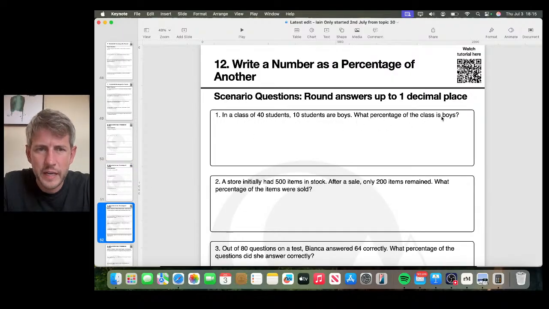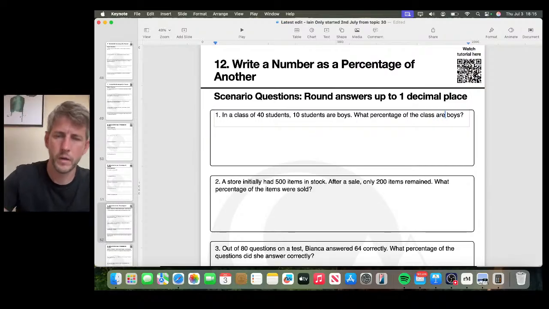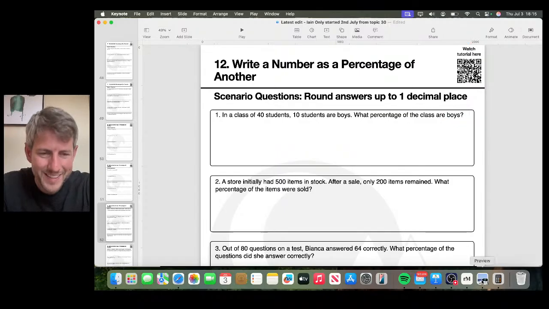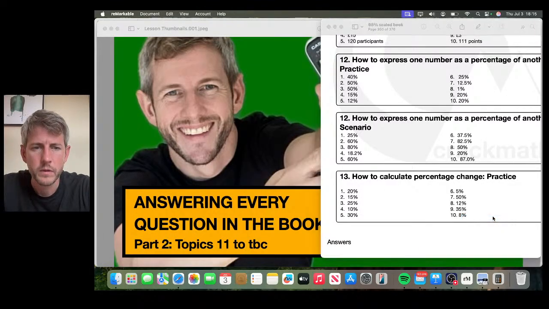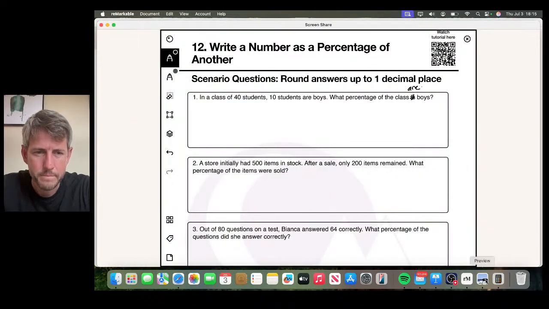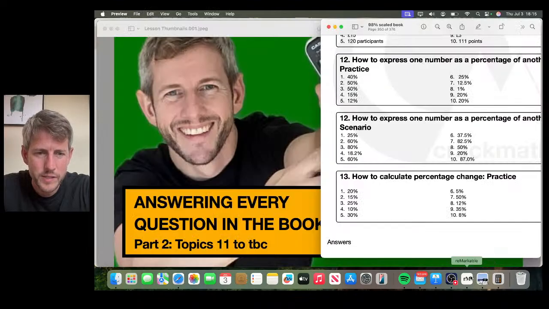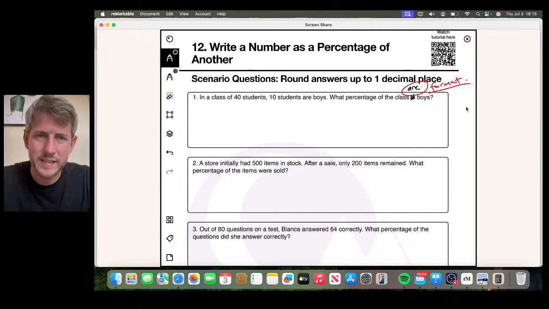What percentage of the class are boys? Okay, great. Sorry about that. This will just happen from time to time. Let me get the remarkable. Oh no. Screen share. Oh no, well, that's what I want. I just want the screen share. Okay, so I'll just make a note here to say that that's been done. Format. Okay, and then let's continue on with the question.